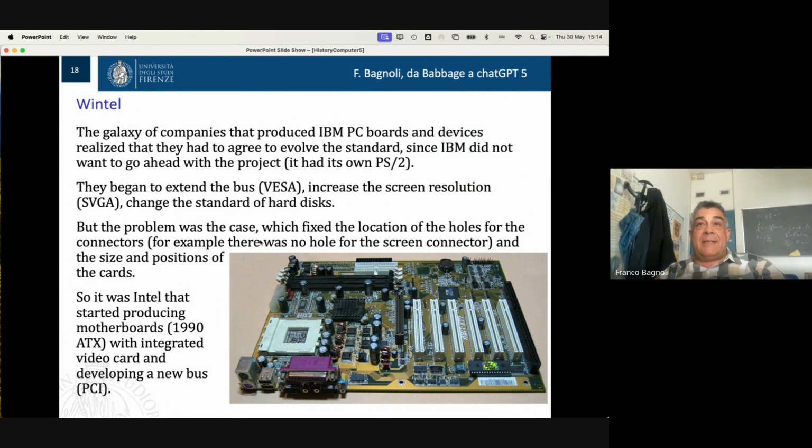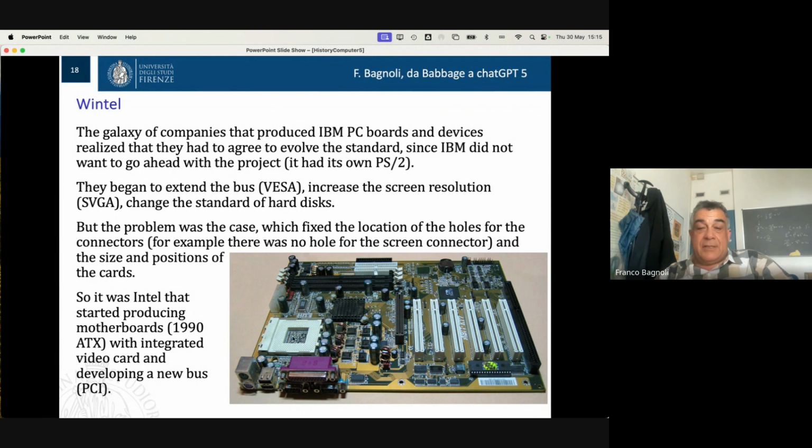So in the end, Intel decided to develop their own motherboard so that they could introduce more powerful buses, for instance the PCI buses, a dedicated slot for the graphics card, and more interfaces could be embedded inside the motherboards.